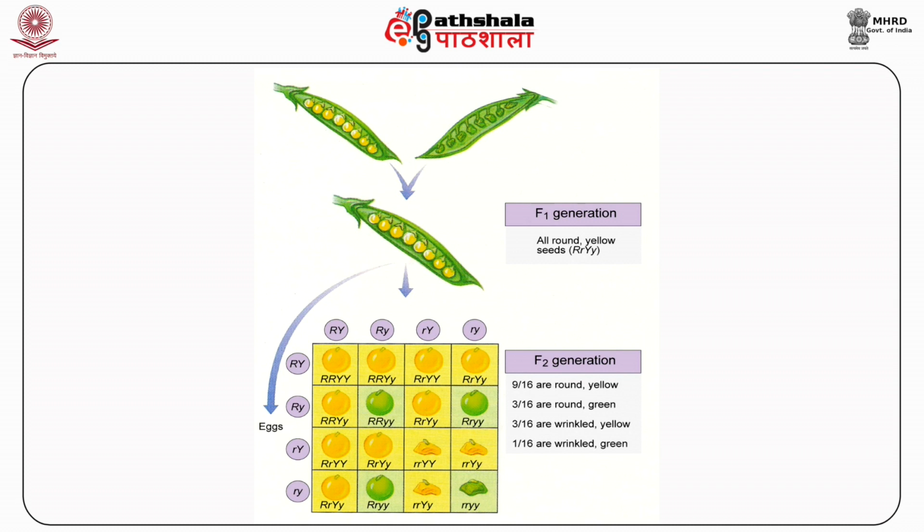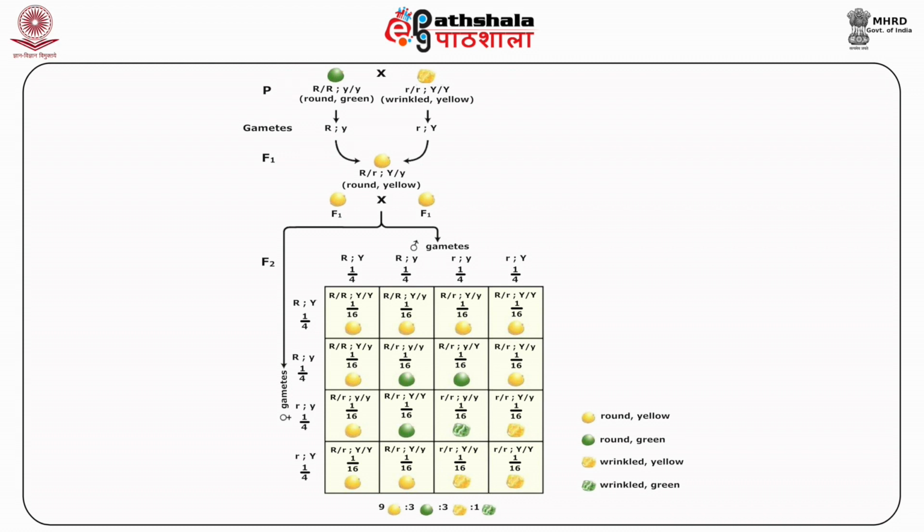In this experiment, round seed and yellow cotyledon was crossed with wrinkled seed and green cotyledon. The hybrid seeds obtained in the F1 generation were all smooth seed and yellow cotyledon, which means that smooth seed was dominant over wrinkled seed, whereas yellow cotyledon was dominant over green cotyledon.